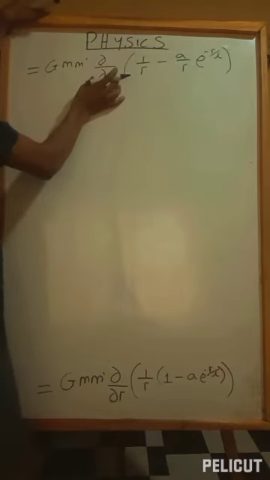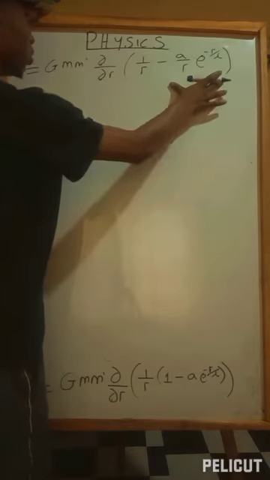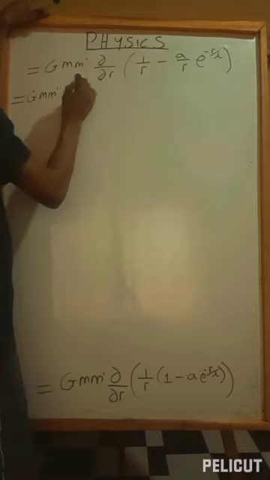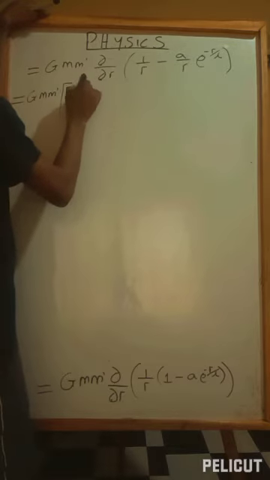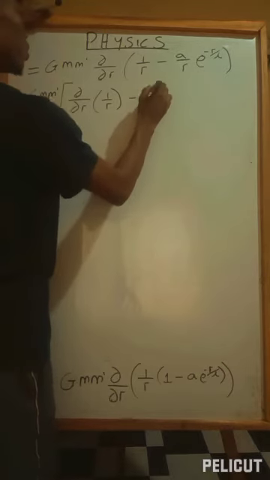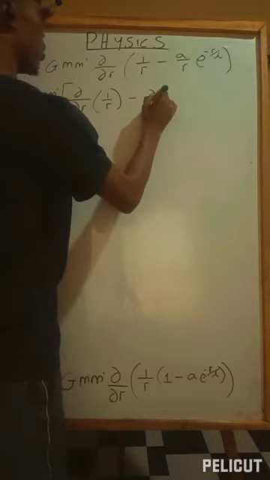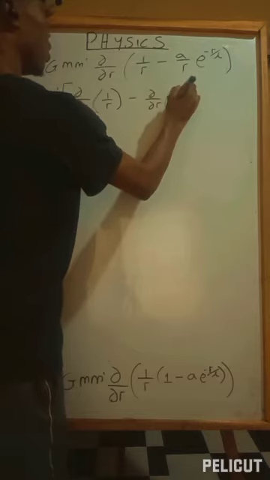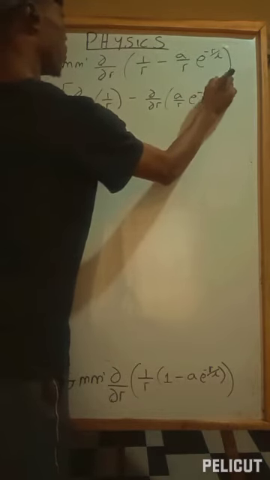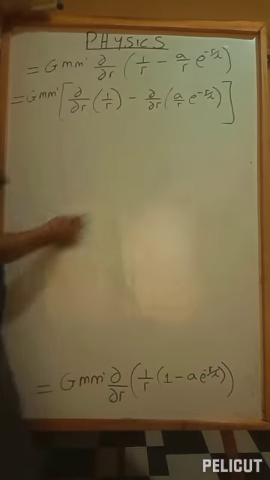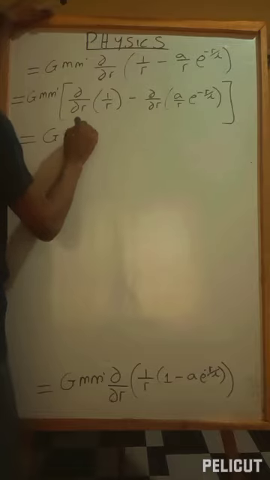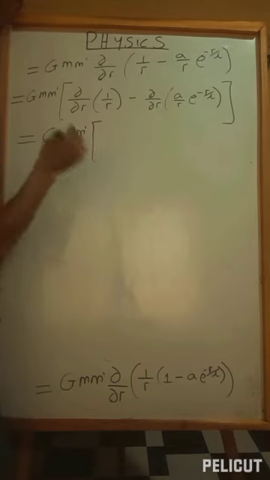We're going to differentiate this function one after the other. So this is going to be G m m prime, d/dr of 1 over r, minus d/dr of a over r exponential of minus r over lambda. So at the end of the day, we're going to have G m m prime open brackets.